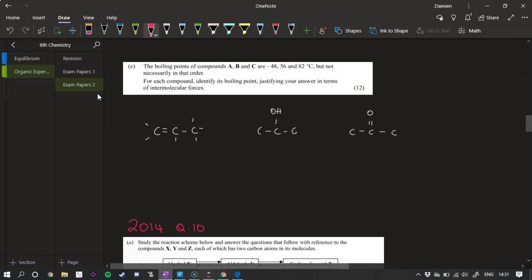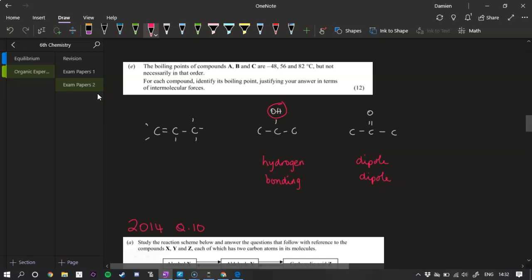So when you have an OH group, you're going to have hydrogen bonding. Hydrogen bonding is a very, very strong bonding, requires a large amount of energy. And that's because of this OH group. In other words, when this compound is attracted to another of its own compounds, there's hydrogen bonding between the OHs of the molecules. The one at the end then, your ketone, this exhibits dipole-dipole bonding. And again, fairly strong force, but nowhere near as strong as hydrogen bonding.